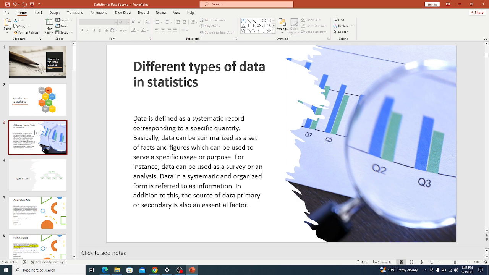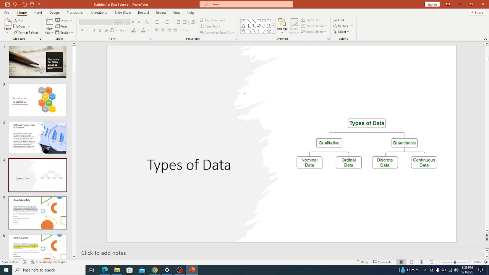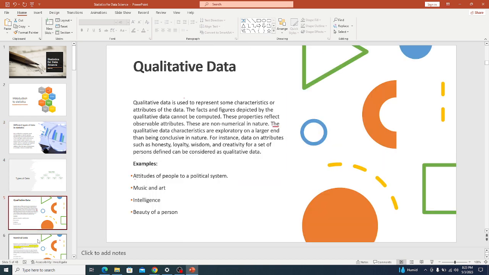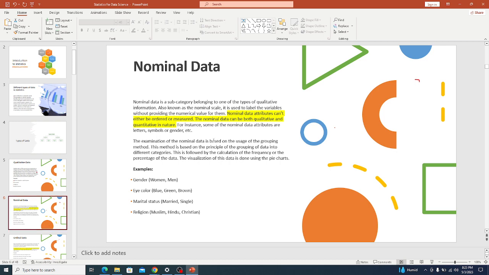For example, under qualitative, we have nominal and ordinal subcategories, and under quantitative data types, we have discrete and continuous, and we were able to differentiate each of the data type subcategories.